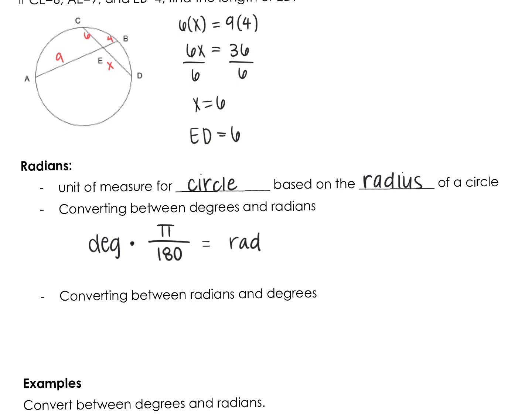On the reverse side of things, if you're given a measure in radians and you want to convert it to degrees, you're going to multiply it by 180 over pi, and that will give you your degrees.